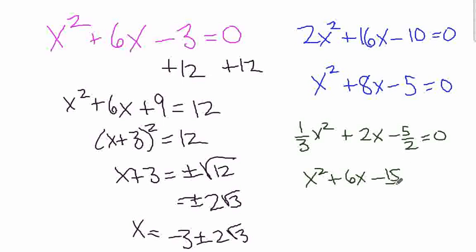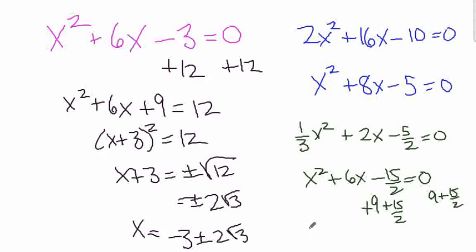So minus 15 over 2 equals 0. And then you would still chop the middle coefficient in half, get a 3. So you really wish the minus 15/2 was a 9. So let's add to both sides 9 plus 15 over 2.